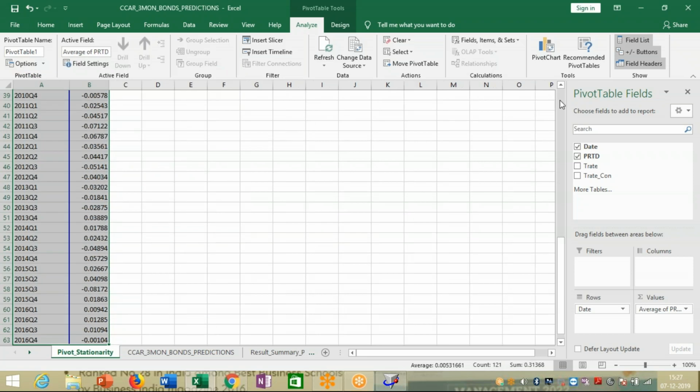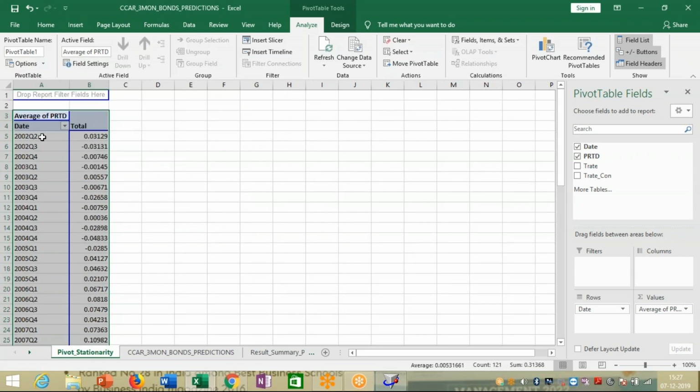This is a classic pivot table option that I have over here. Now we'll group them, right?